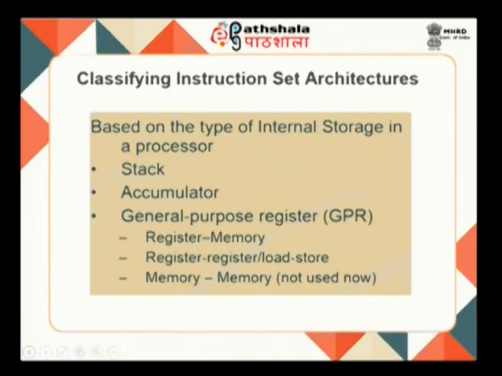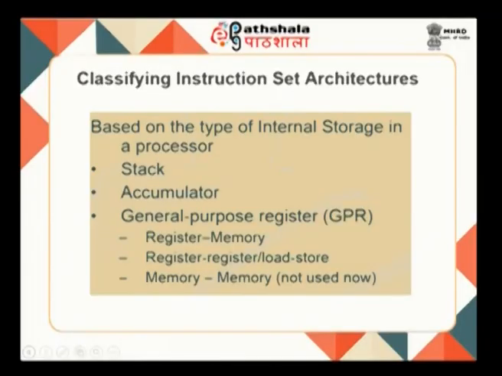The third class of ISA is the GPR based ISAs, where you have three different classifications: a register memory ISA, a register ISA, and a memory ISA, out of which the memory ISA is not used now. Both the register memory ISA and the register ISA are very popular, and the register ISA, or load store ISA, is especially popular.